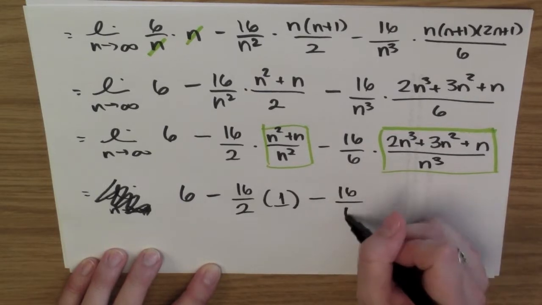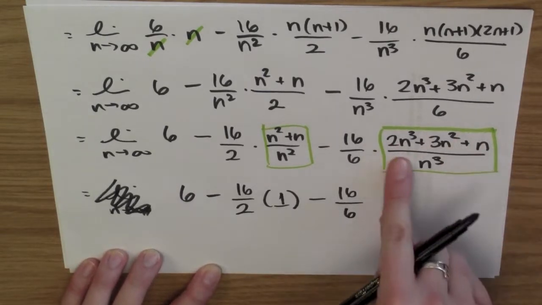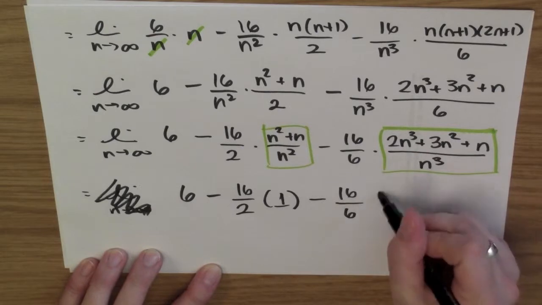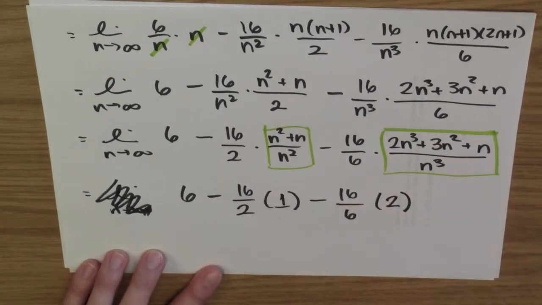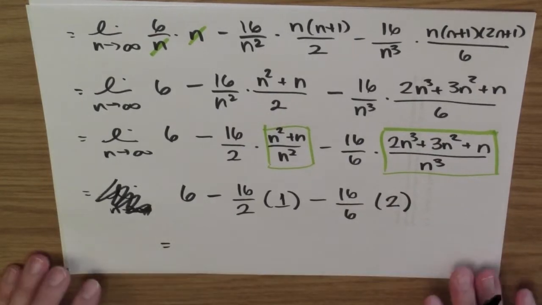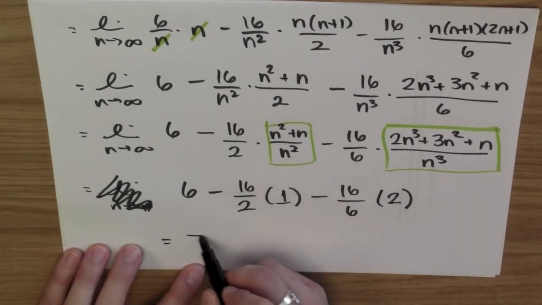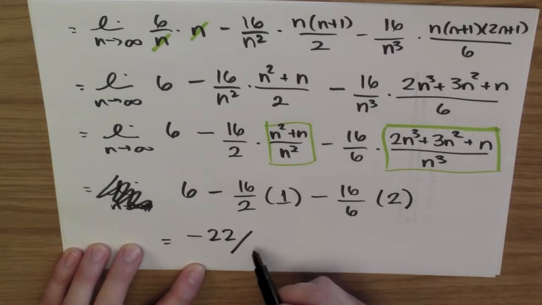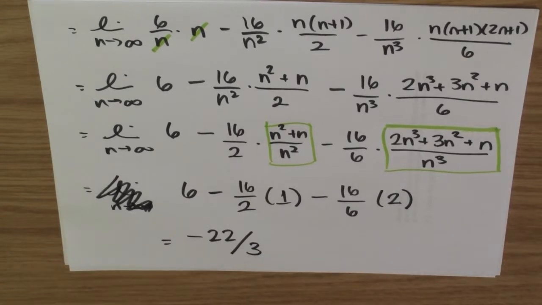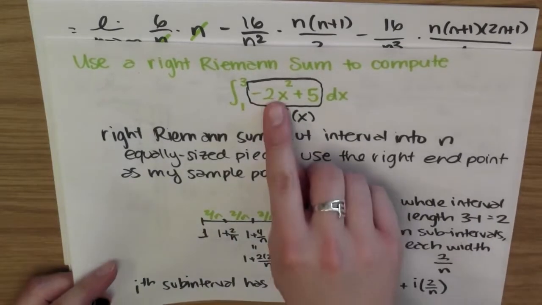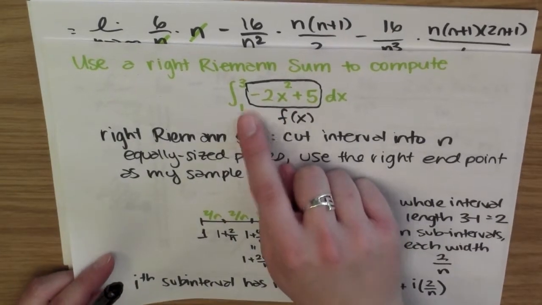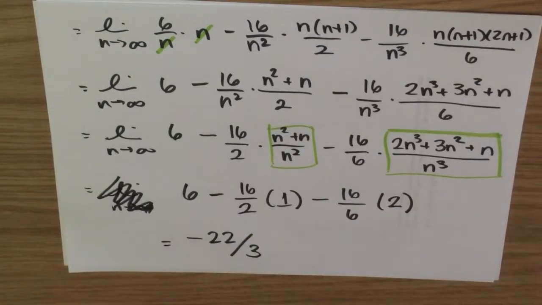Finally, I have this coefficient 16 over 6, and here I have 2n cubed over n cubed, so the limit is going to be 2. So then, all I have left to do is simplify this number. I put it in my calculator to figure out what I got, and the answer is negative 22 over 3. So the total amount of signed area under the curve, negative 2x squared plus 5, between 1 and 3, is negative 22 over 3.